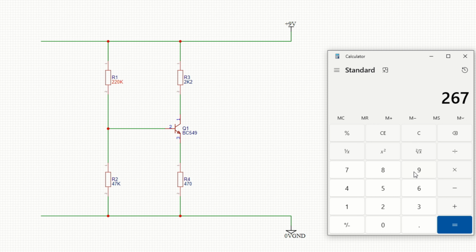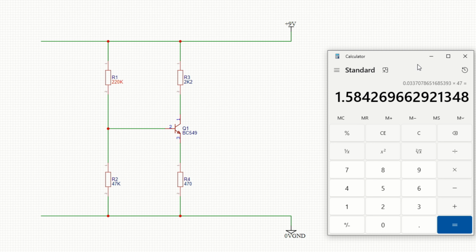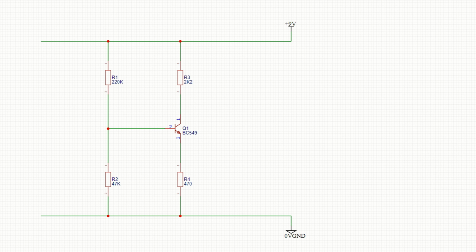So it's 9 divided by that, then times 47. 1.58, about 1.6 volts I've got there. According to that, which is a little bit higher than I meant to have, but let's see how it goes.